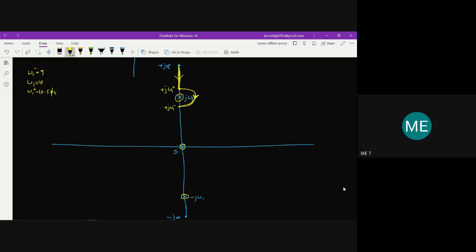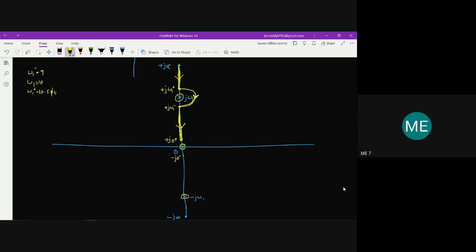So next, if it comes to 0, there is a pole at the origin, so it should not pass through this point. So what I do is take 0 plus, just above the 0 value, and up to that we'll show the Nyquist path like this. Then one more point will be taken as minus j0 minus.